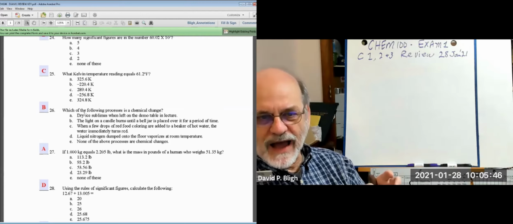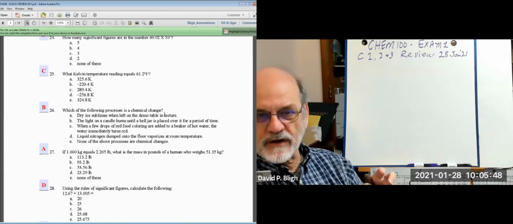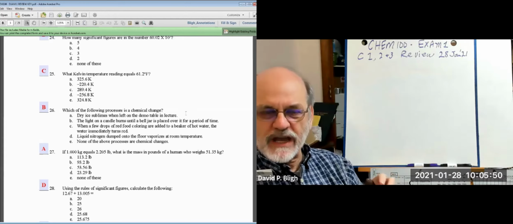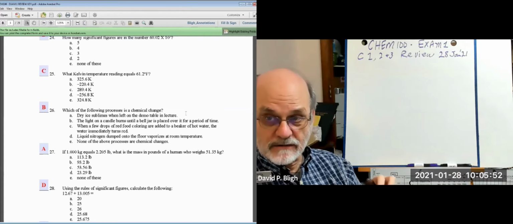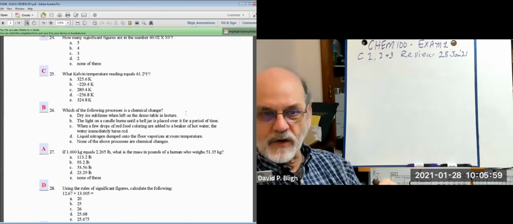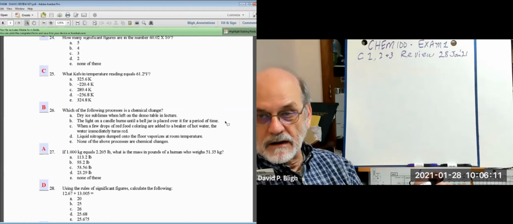So let's see, dry ice sublimes when left on the table. Have we changed it from carbon dioxide solid to carbon dioxide gas? No, it's still carbon dioxide. So A is a physical change. How about the light on a candle burns until a bell jar is placed over it for a period of time? The chemical change is the candle burning.